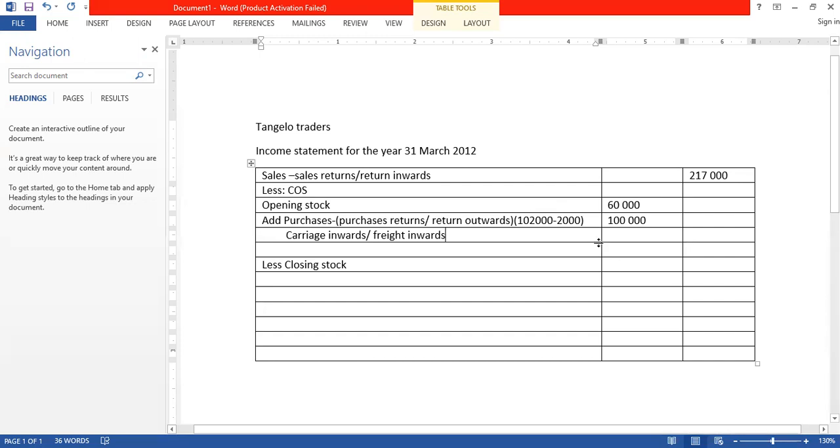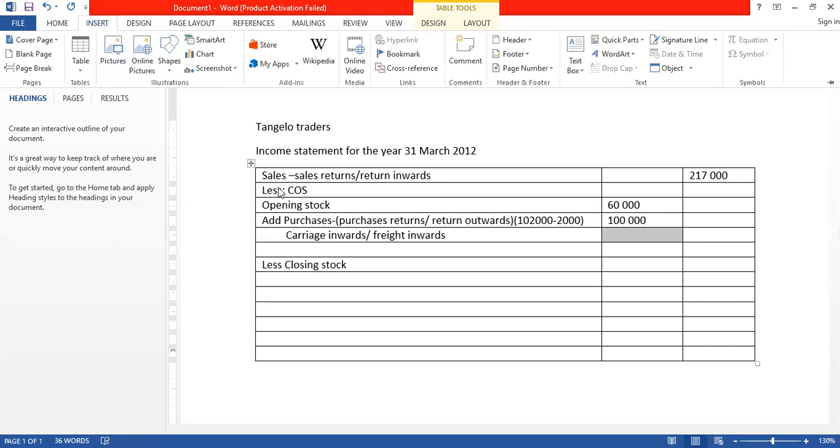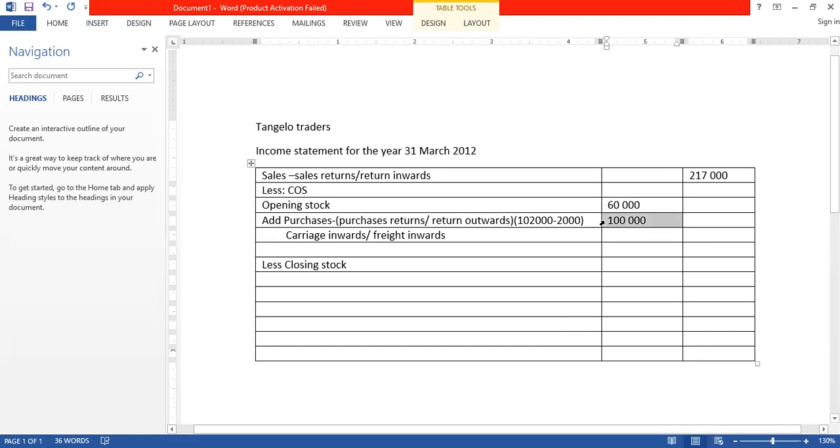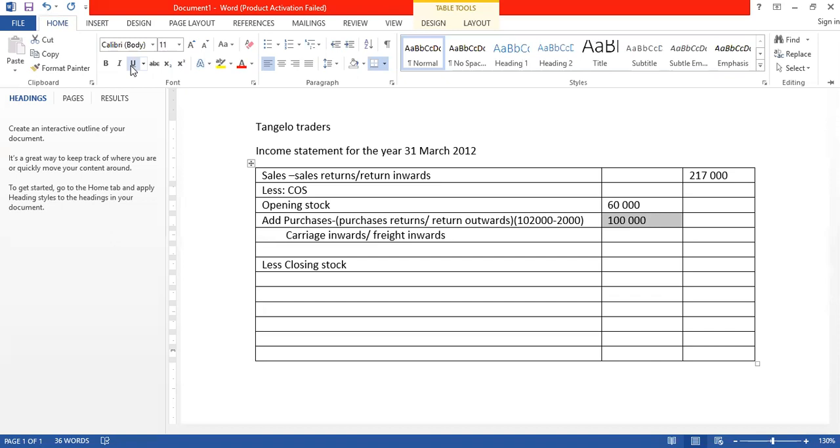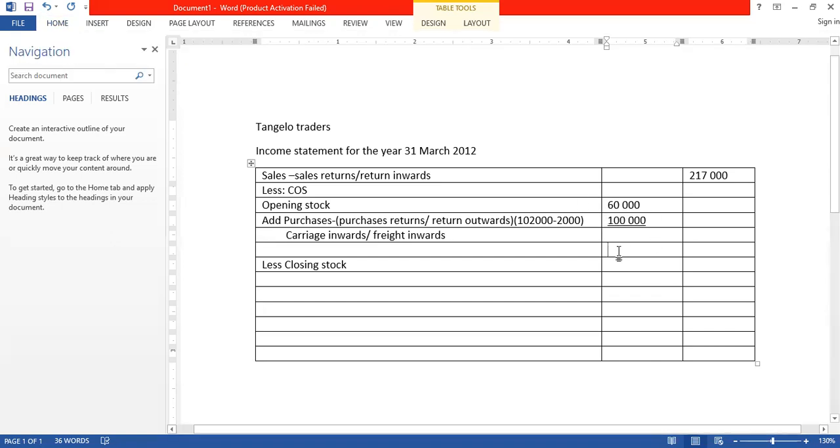You do not record anything, and then from there, what you do is add up all your amounts. And then that will give you 160,000, and then you subtract your closing stock.